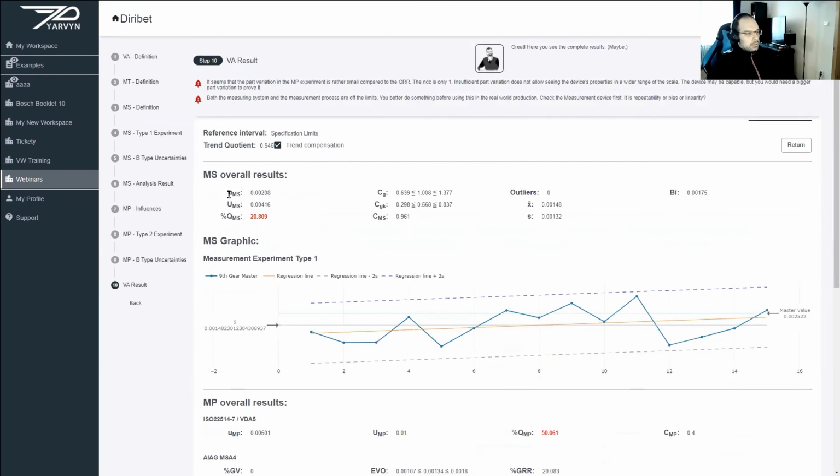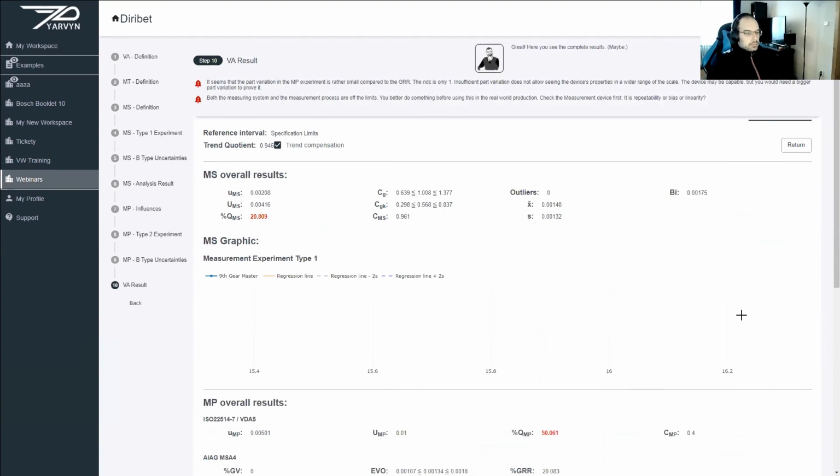Not only the uncertainties, QMS, Cg, Cgk, but also some averages, standard deviations, bias, and so on. Graphics with the reference interval, with the regression line, with the value of the master.